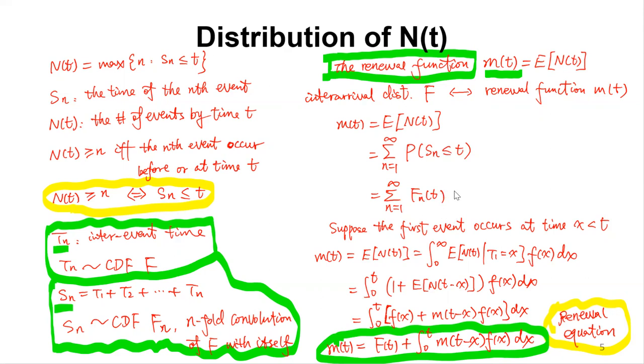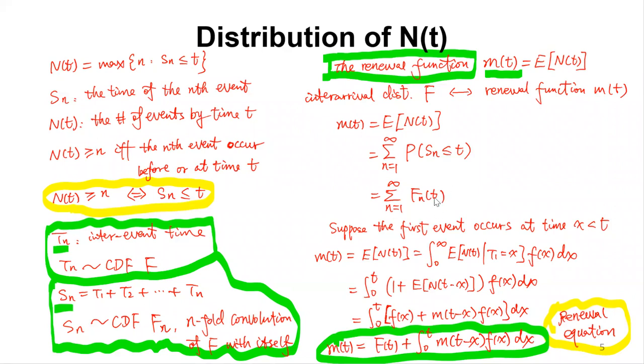Each Fn, for example F10, is a 10-fold convolution, F9 is a 9-fold convolution, F1 is just F itself, and F2 is a 2-fold convolution. So you add F1, F2, F3, up to infinity, where Fn is the n-fold convolution of F with itself.